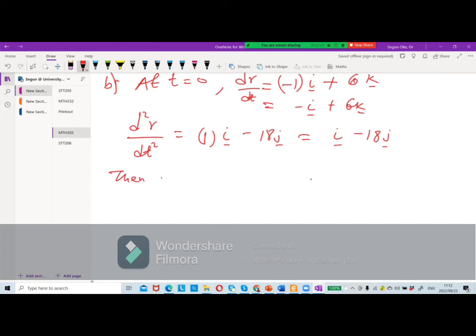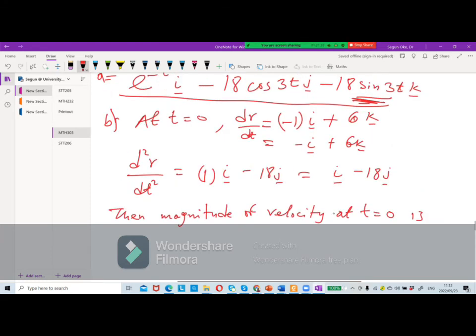We can now go ahead by looking at the magnitude. The magnitude of velocity at t equals 0 is what? This is what you have at t equals 0, right?